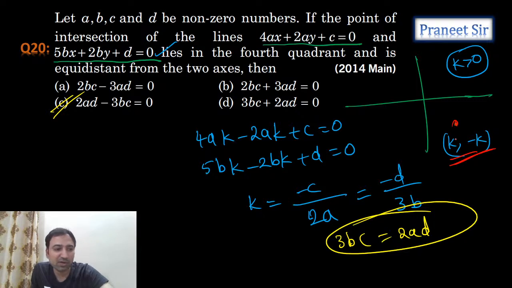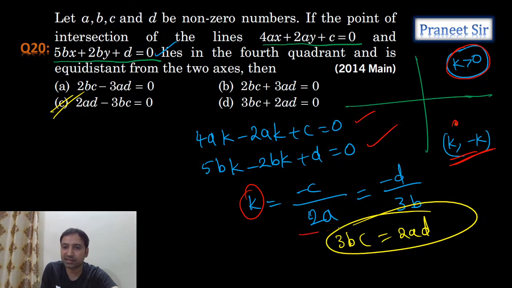Why? Because in the fourth quadrant, the x coordinate is positive and the y coordinate is negative. So we can take it as k comma minus k, where k is positive. And when we substitute these two values in both the equations, we get two equations. From these, we calculated the k value and equated it, and we get the third option.